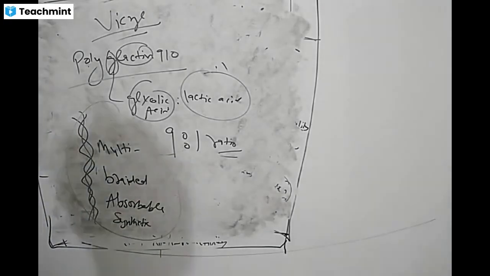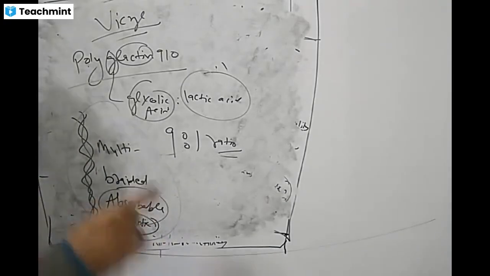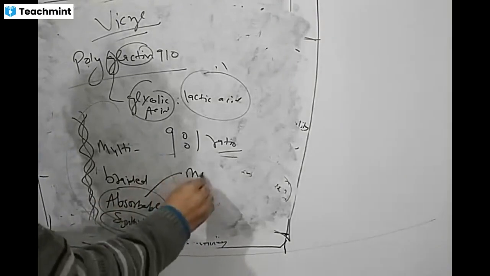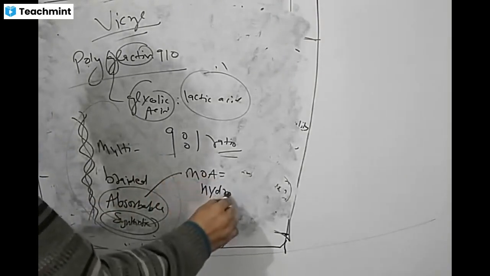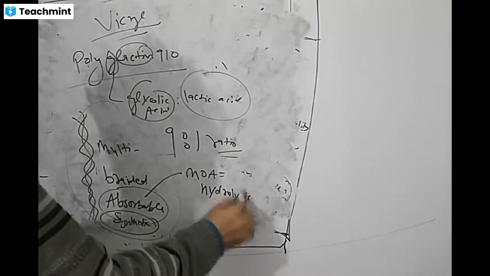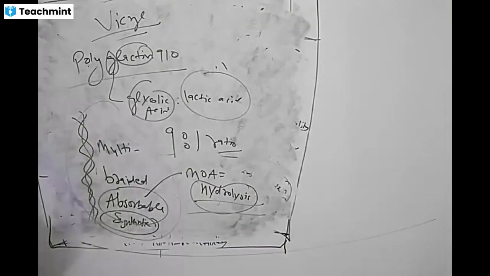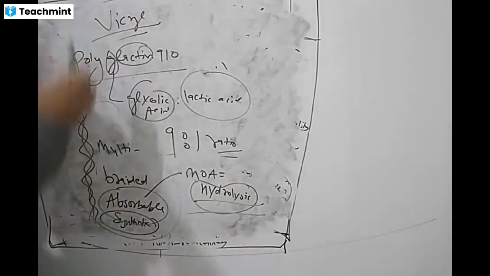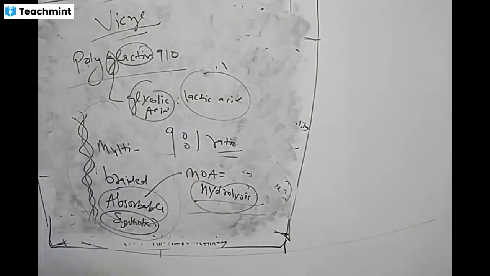Since it is synthetic and absorbable, the mechanism of absorption will be hydrolysis, because synthetics are degraded only by water molecules. The water molecule breaks down the covalent bond and the process is called hydrolysis. So Vicryl is absorbed by the body by hydrolysis only.